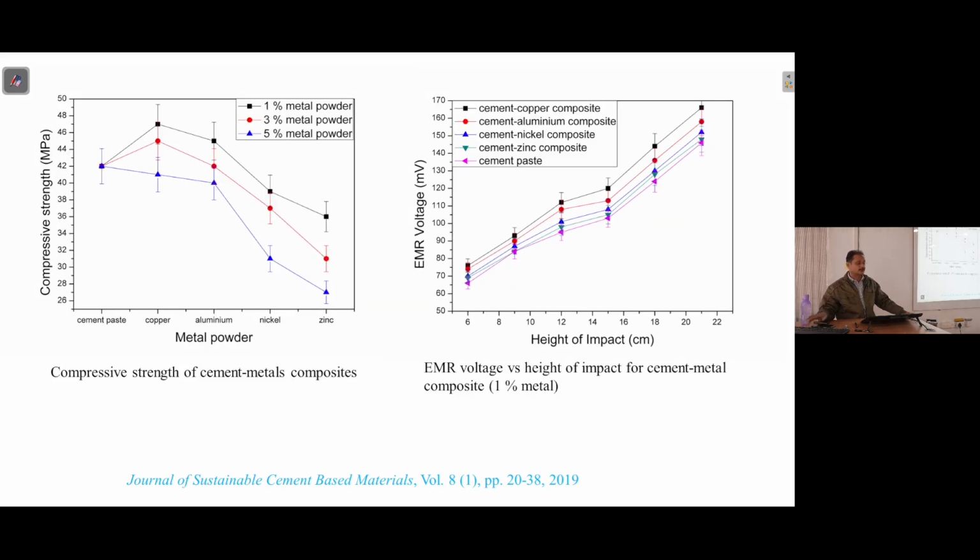Then here we have the compressive strength when metal powders are added. This was with the intent that if we add some metal powders, we are likely to have a higher signal. That was what we expected, for the reason that metals are conducting.